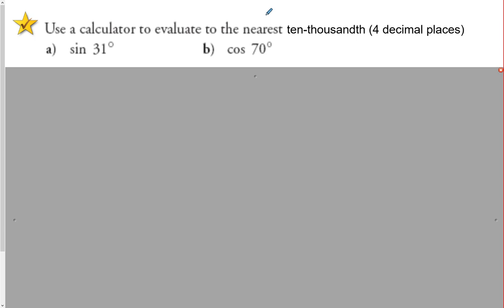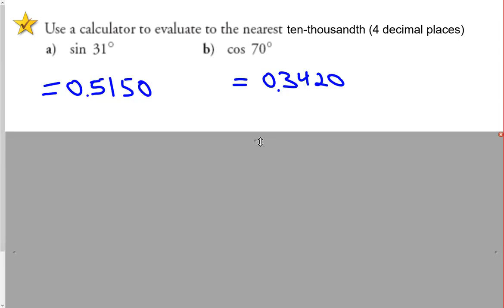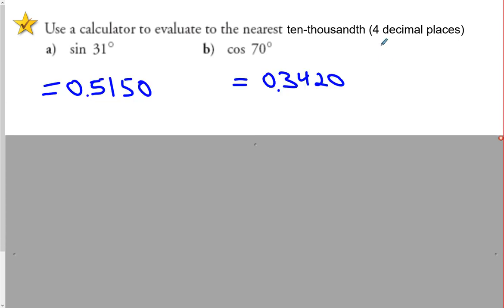On some calculators, you'll need to type in the number of degrees first. So for example, you'd type in 31 and then you'd go sine. In some calculators, the better ones, you type in sine and then 31. So I'd like you to try that right now. You should be getting these answers that you see here. If you're not getting those answers, then that means that your calculator is probably in radians mode or that you're not using it correctly.